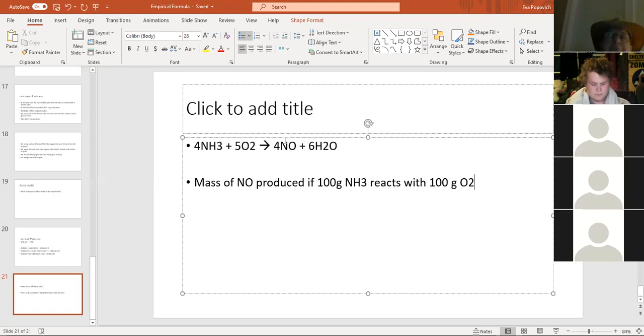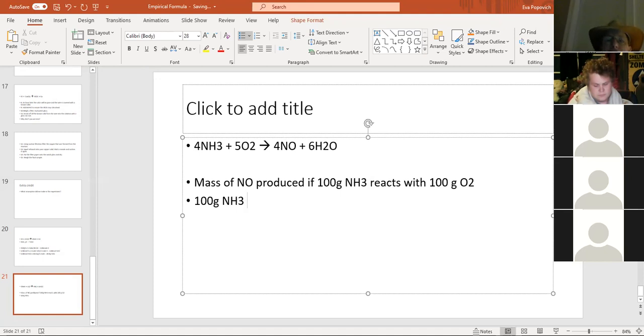Once I determine that, I can compare the two numbers. The one that produces the least came from the limiting reagent. That is the amount we report out. So basically, we have to do two stoichiometric problems. I'm going to start with 100 grams NH3.